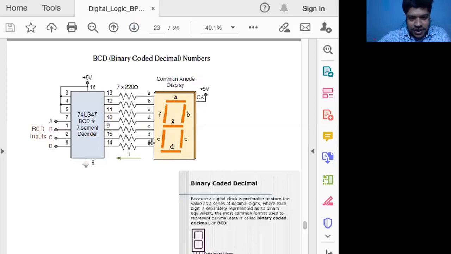This is 8, and from this you have all these segments A, B, C, D, E, F, G. So it is basically 7. You have 7 small lines, and from these small lines, you can make any digital digit. You can make 0, you just put this off. You make 1, you just put these 2 on and all others off. You make 2. So all things we can make like this.